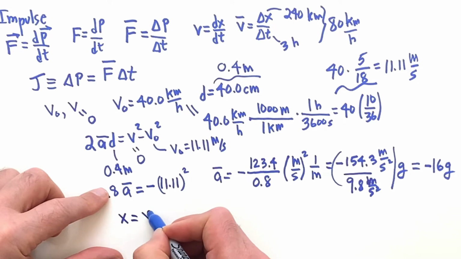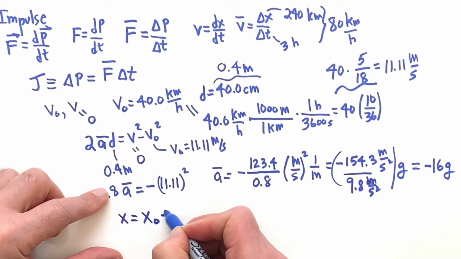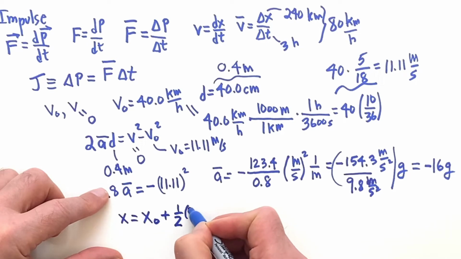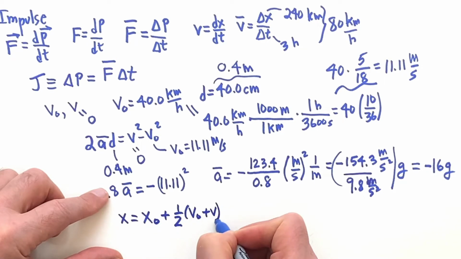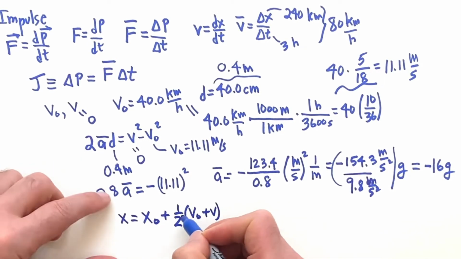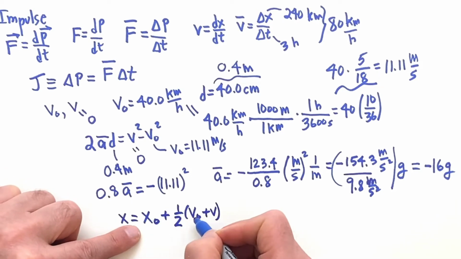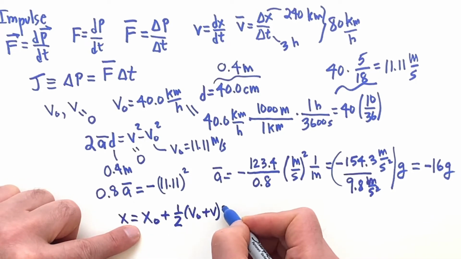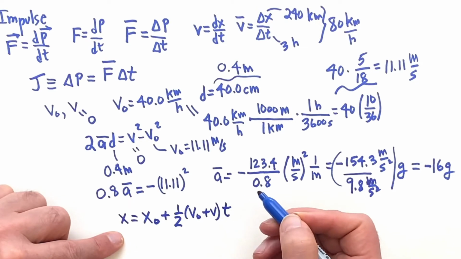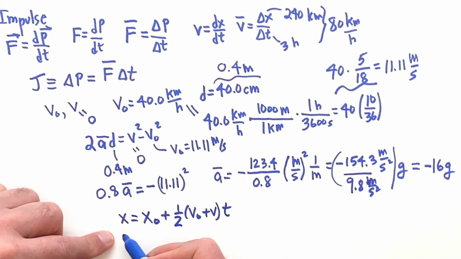X is equal to x naught plus the average speed times t. And now we can enter data.